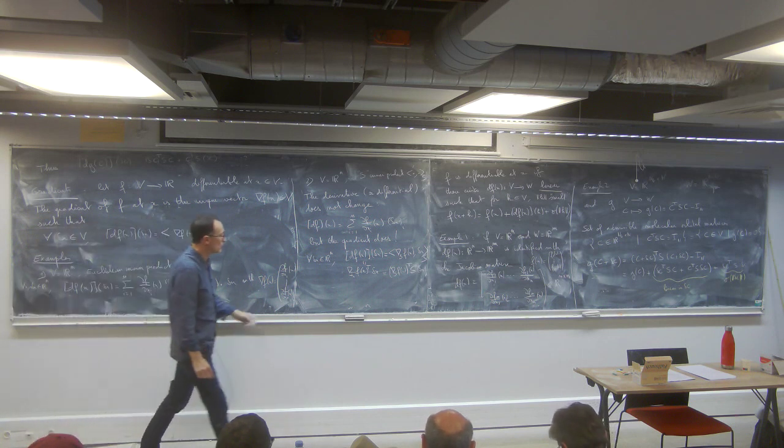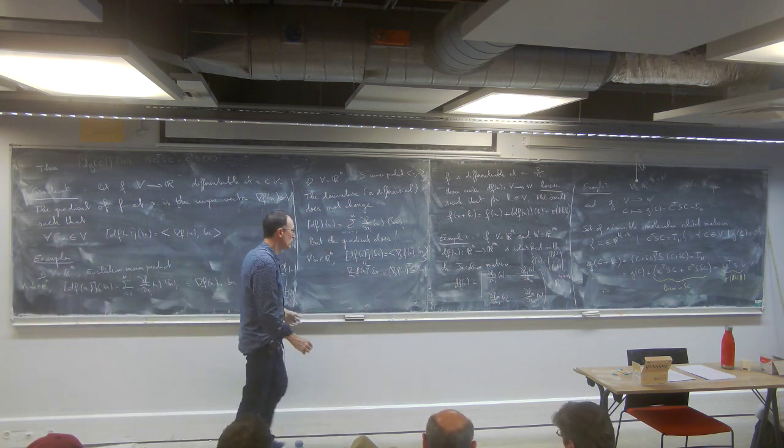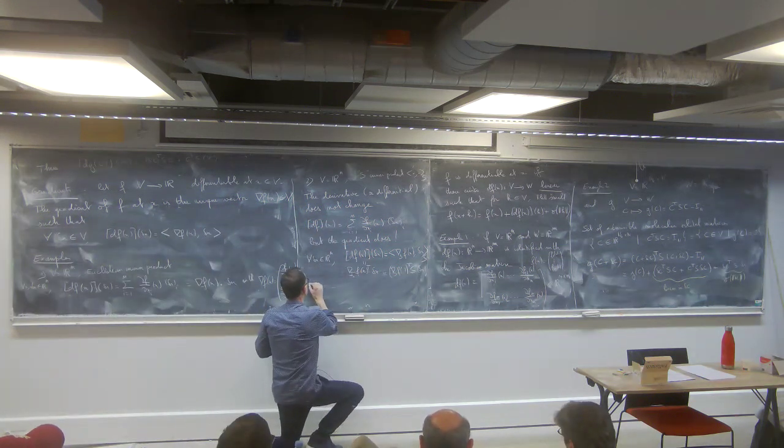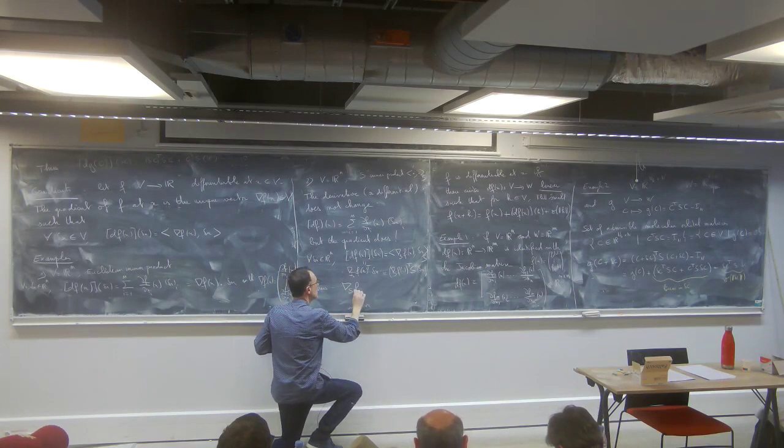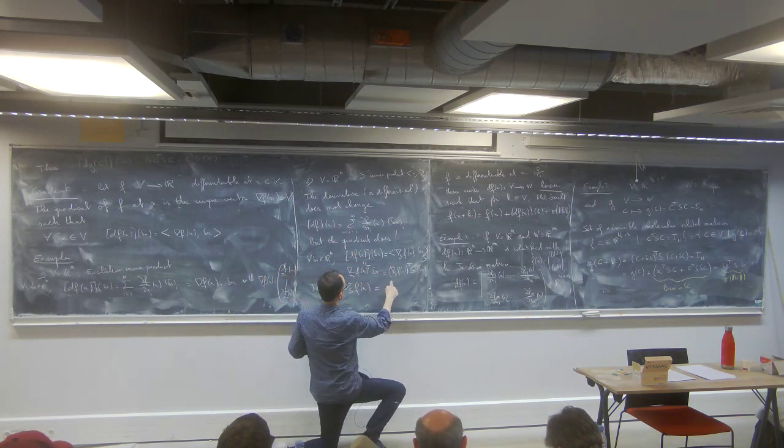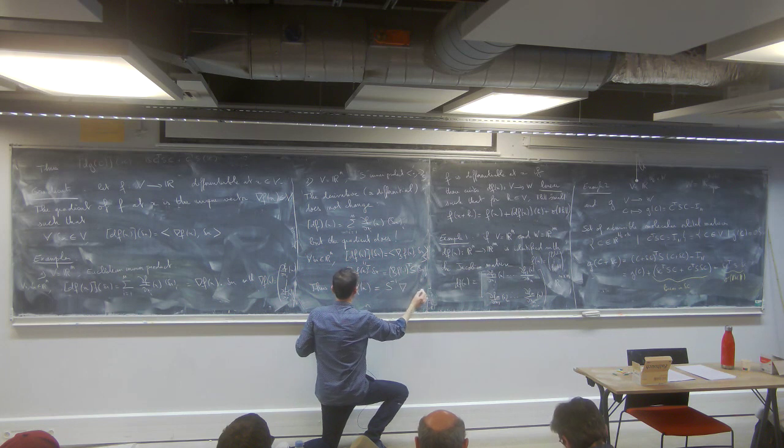If I identify the two formulae, I find that the gradient of f at point x for the S inner product is S minus 1 times the usual Euclidean gradient.